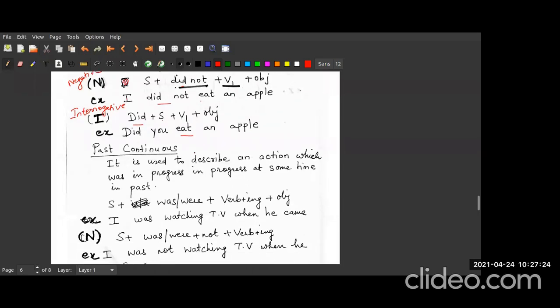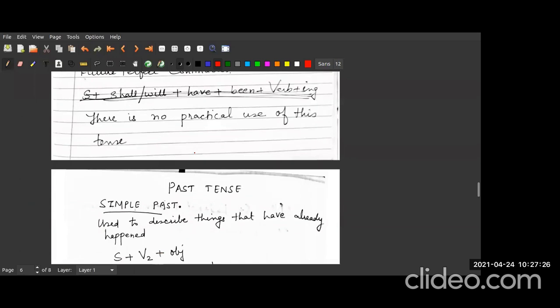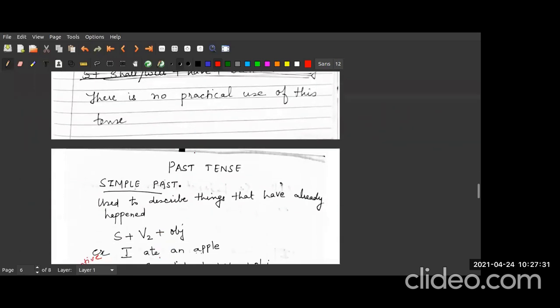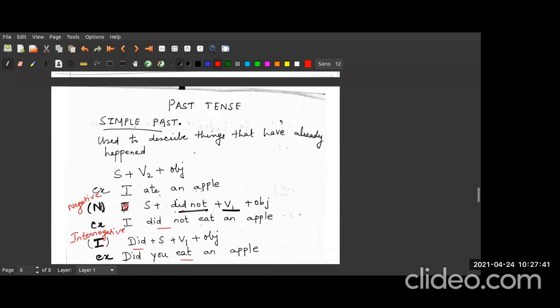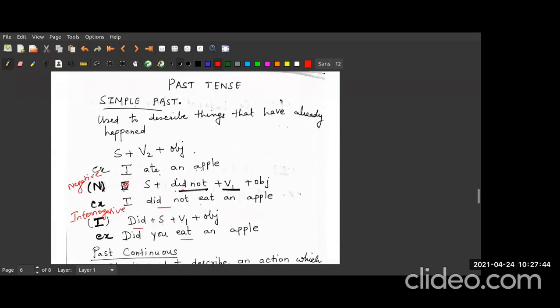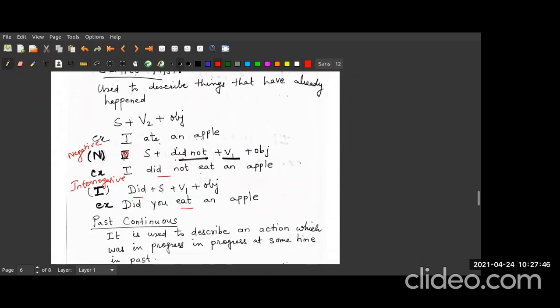And what is the use of the simple past? It is used to describe things that have already happened, जो हो चुका है. India got independence in 1947. वो हो चुका है. So it is used to describe things that have already happened.